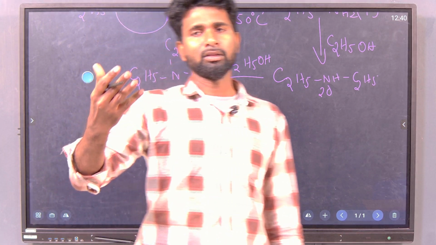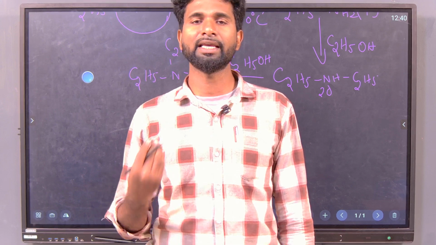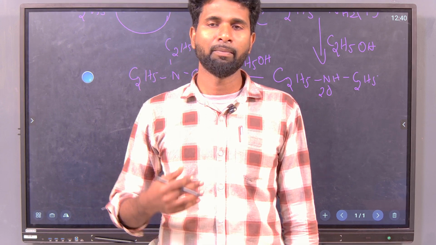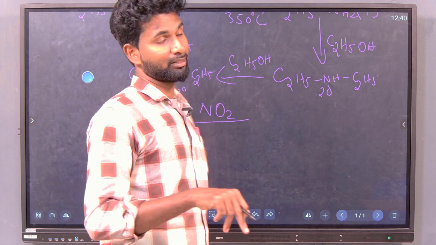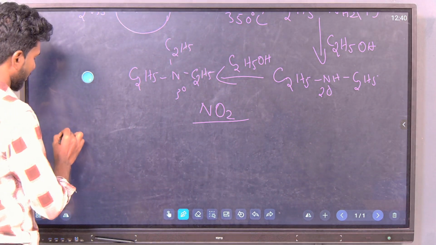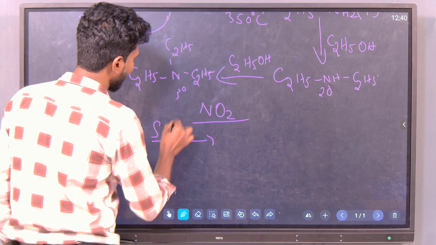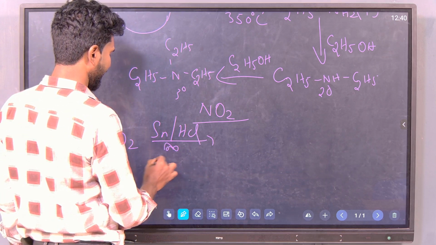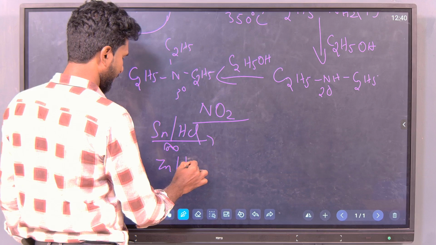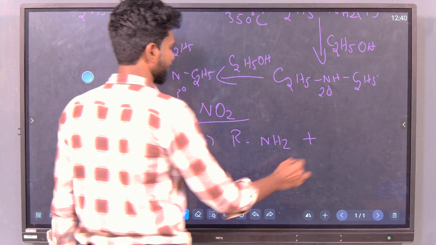The nitro compound is reduced in the presence of a strong reducing agent, that is metal and acid, usually tin and HCl, or we can take zinc and HCl. The product is RNH2 plus water.